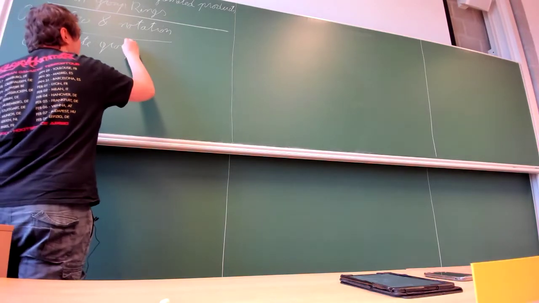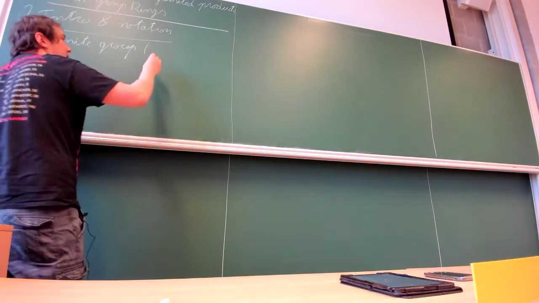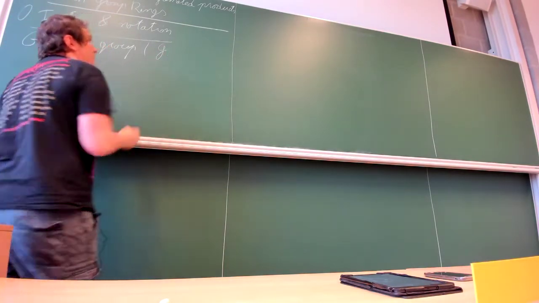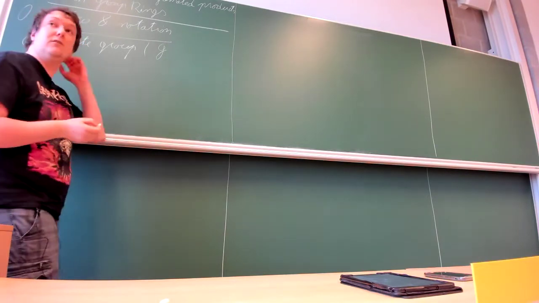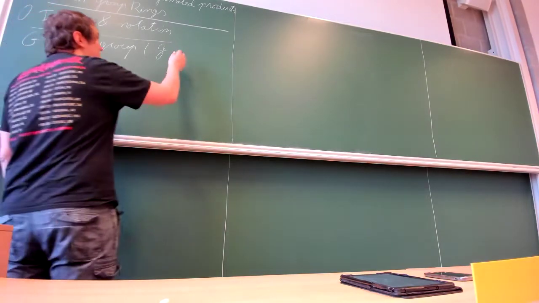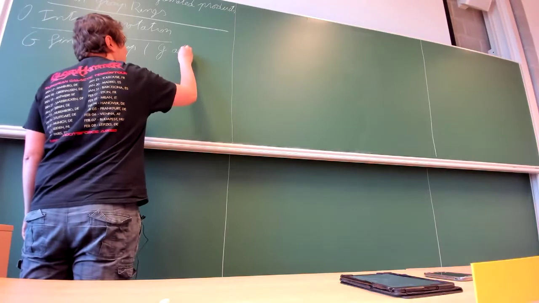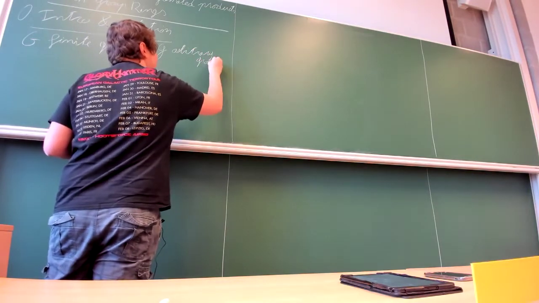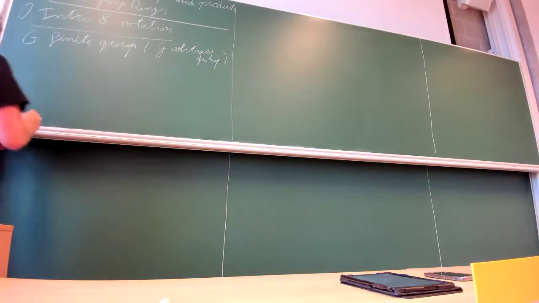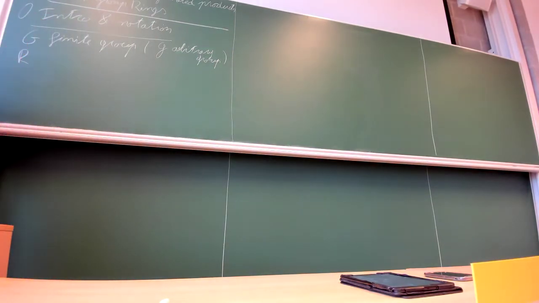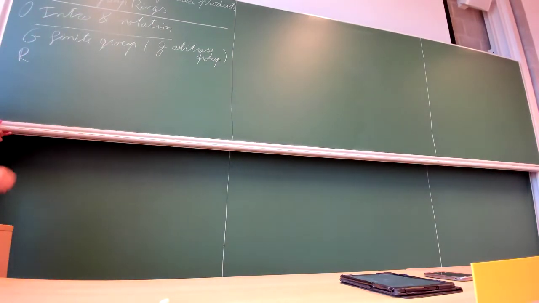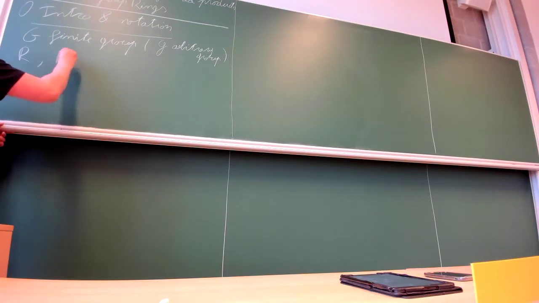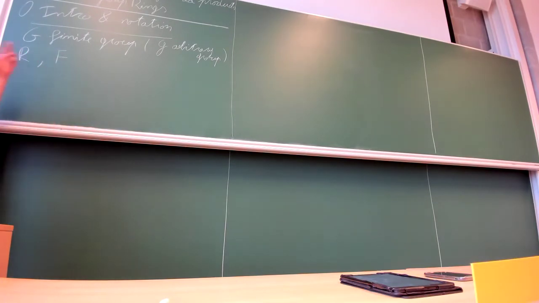And if I want to talk about arbitrary groups, so not necessarily finite, I will write it as a calligraphic capital letter G. This is an arbitrary group. And then R, I will always denote a ring. Generally, we'll assume with units, and special kinds of rings, namely fields, will be denoted by F. For me, fields are always commutative.